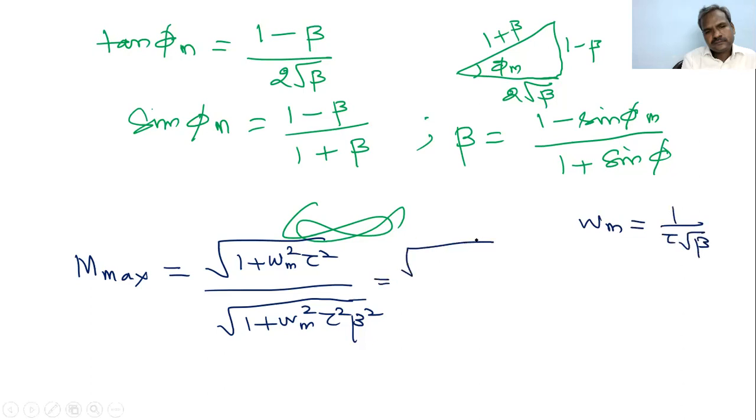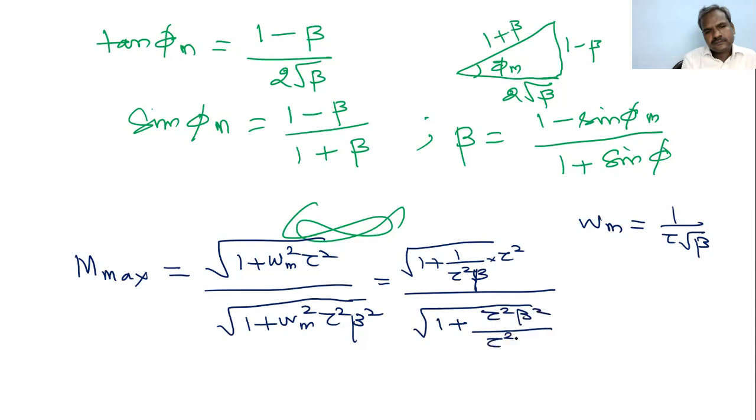Similar to the previous lead compensator, 1 plus 1 by tau square beta into tau square, divided by square root of 1 plus tau square beta square divided by tau square beta.